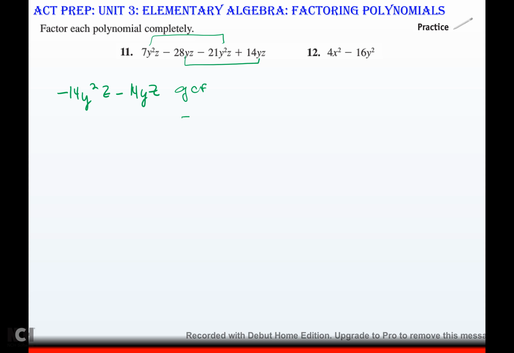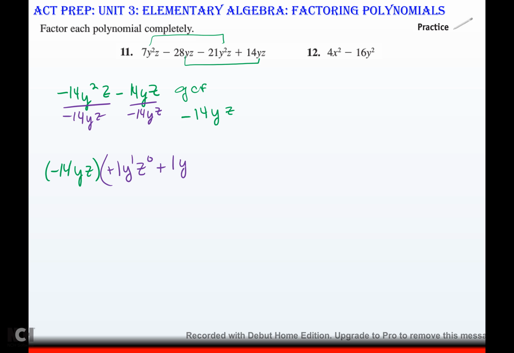Okay, and you can tell they have a negative 14 in common, one copy of y and one copy of z. So my GCF is negative 14yz. To get what's left, I divide by negative 14yz. I get a positive 1, y to the first, z to the 0. I get a positive 1, y to the 0, z to the 0. And get rid of the zeros, I got negative 14yz times y plus 1.